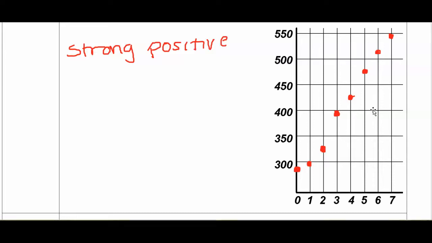I'm going to draw in my line of best fit. When you draw in your line of best fit, you want to try to get as many points above as below.